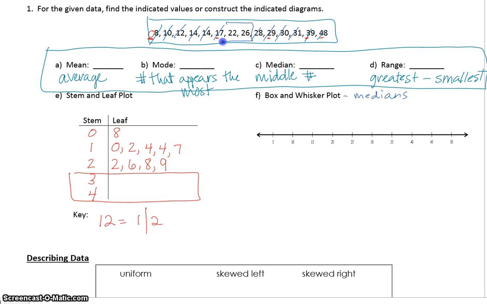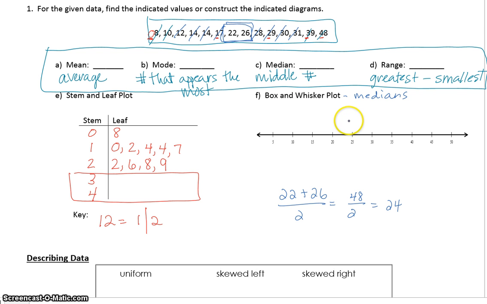It looks like I've got 22 and 26 in the middle. And remember I said if you have two numbers, then you're going to have to add those up and divide by 2. You're going to find the average. So this is 48 divided by 2, or 24. That is your median. Okay?